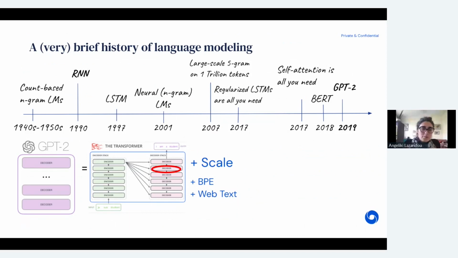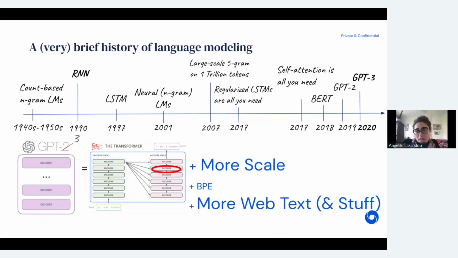Basically, GPT-2 did three things on top of the original transformer. The major thing was that it scaled the number of parameters. It also used BPE to represent words based on subwords, and it used a large amount of web text to train such a model.